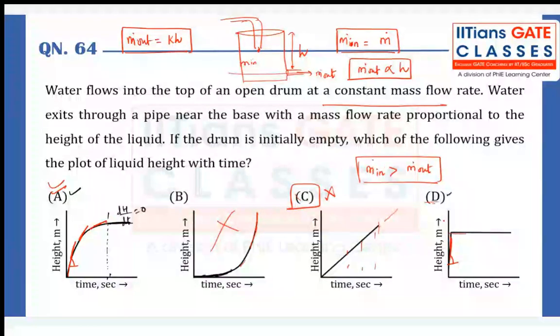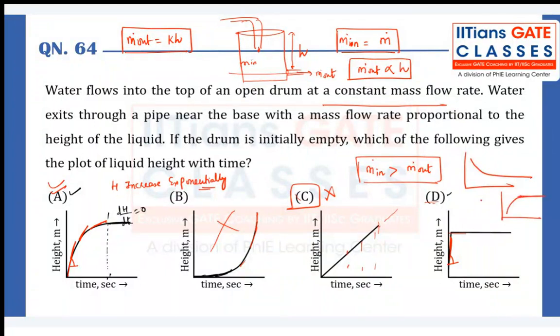Again, I will show quantitatively that the height will increase exponentially. And what is the quality of an exponential graph? It has to be asymptotic after a certain point of time. If it is decreasing, it should be like this. If it is increasing, it should be like this. But the D graph is showing linear variation. Definitely wrong.